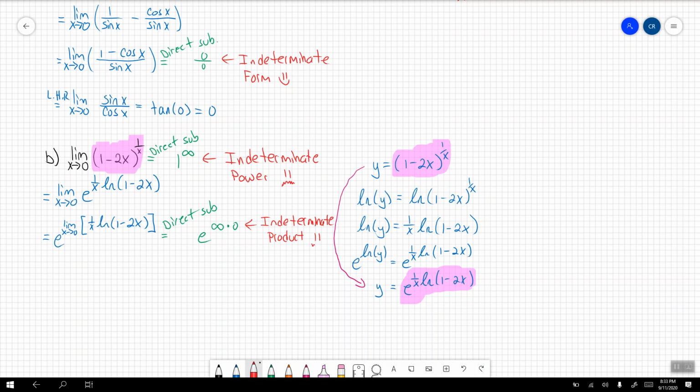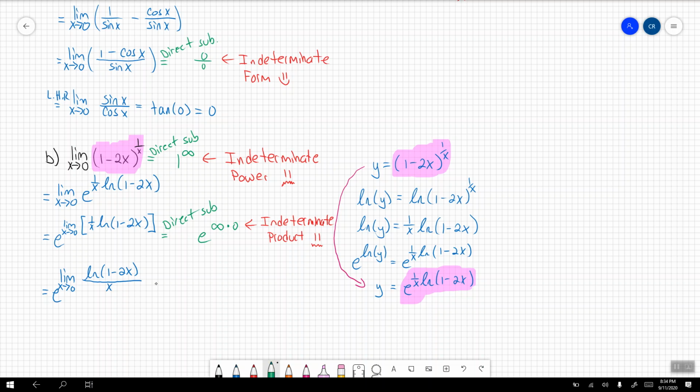Okay, so starting to get a little bit better. Since it's an indeterminate product, we can algebraically manipulate that exponent in order to evaluate that limit. Well, let's go through. I want to have the natural log of 1 minus 2x, and there doesn't seem to be a lot that I can do here besides distribute the x into that natural log. Now I'm not distributing it into its argument, I'm only distributing into the overall term.